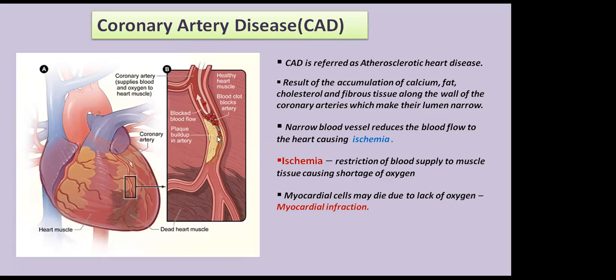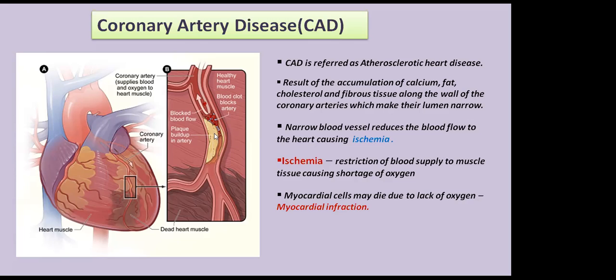This narrowing results in low supply of blood and further low supply of oxygen and nutrients to the wall or myocardium of the heart, which is demanding more. Is this clear?